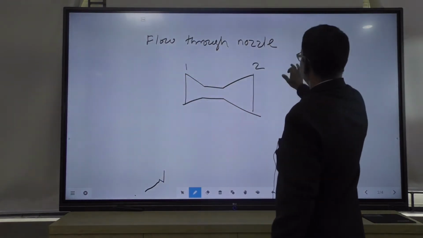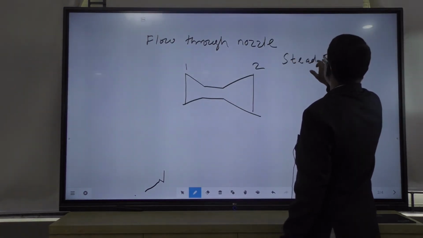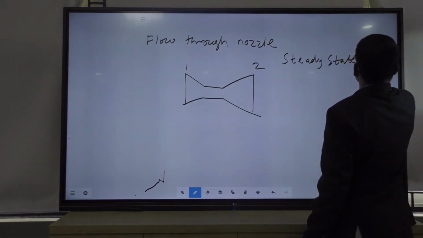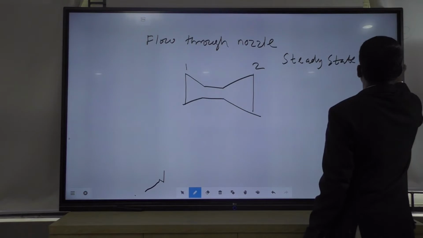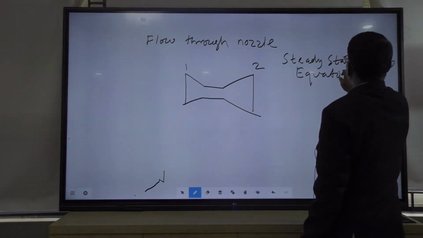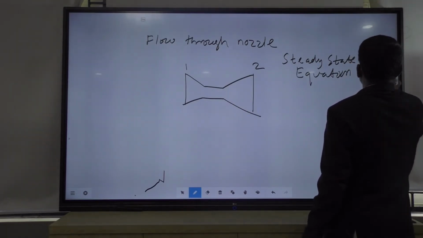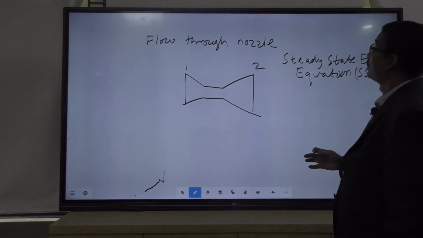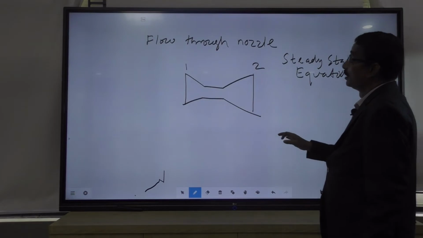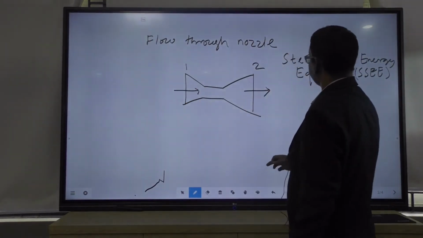If you apply the steady state energy equation, that is SSEE, this equation we have already utilized in the Rankine cycle. It is applicable to the open system. This nozzle is also an open system.